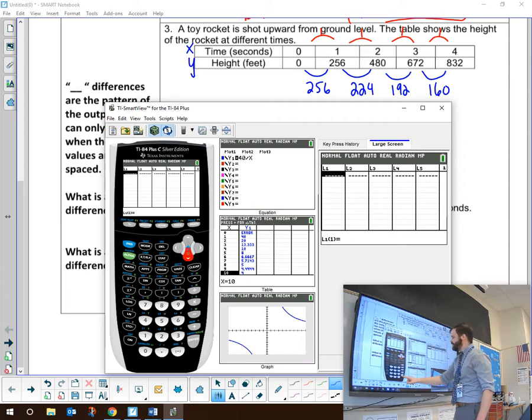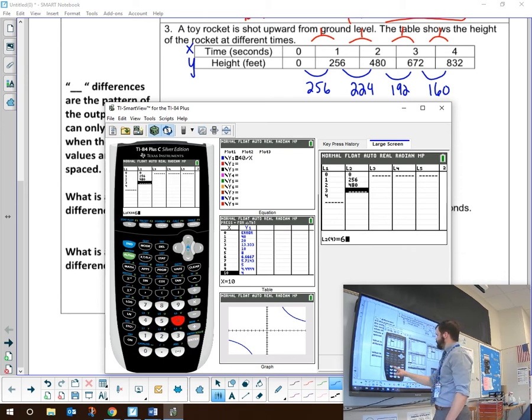My x's are just going to be 0, 1, 2, 3, and 4. My y's are going to be 0, 256, 480, 672, and 832. Awesome. So there we have it.